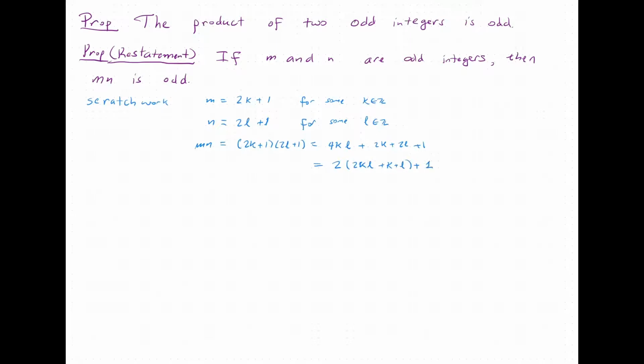And so now the reason I'm writing it in this way is that now we have our emphasis on the fact that this is 2 times some integer plus 1, which is the definition of what it means to be odd. And so what we did was we put our assumptions, our givens. We were told that m and n are odd integers.